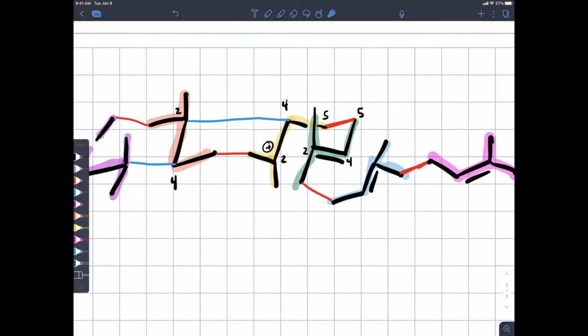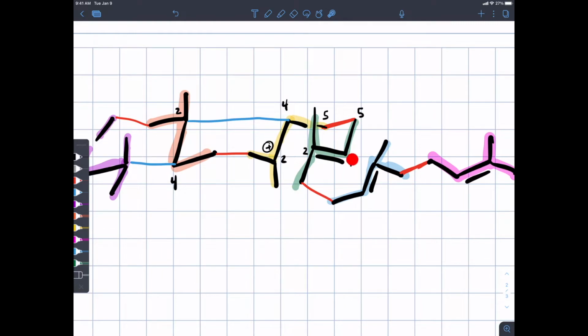Now, if we formed a bond between green 2 and yellow 2, that would be an anti-Markovnikov addition because it would leave a positive charge on this less substituted carbon. So you could consider an alternative.